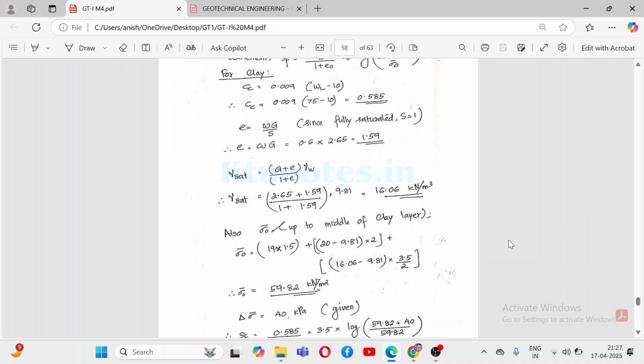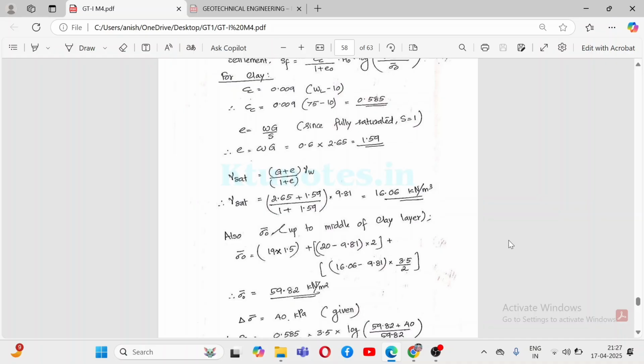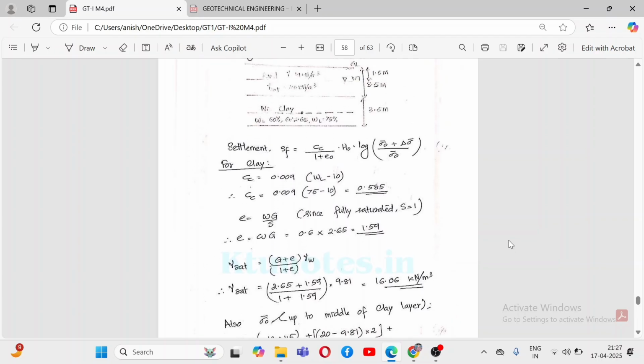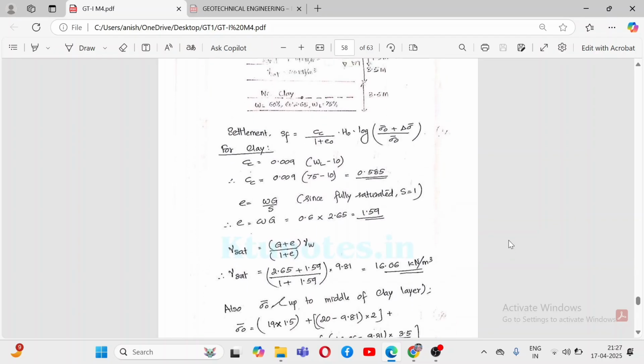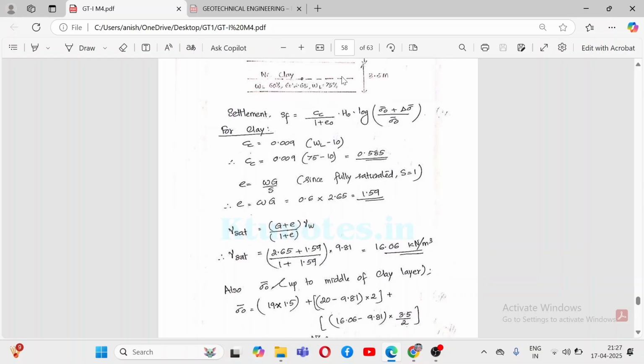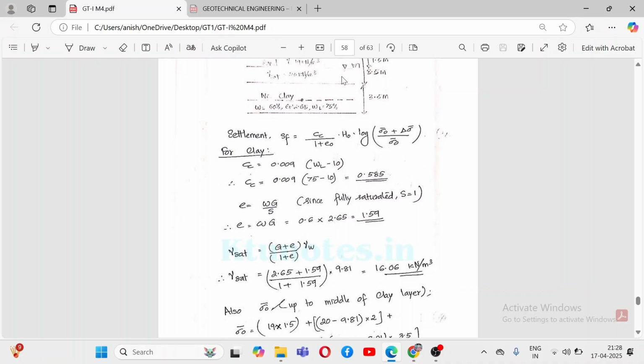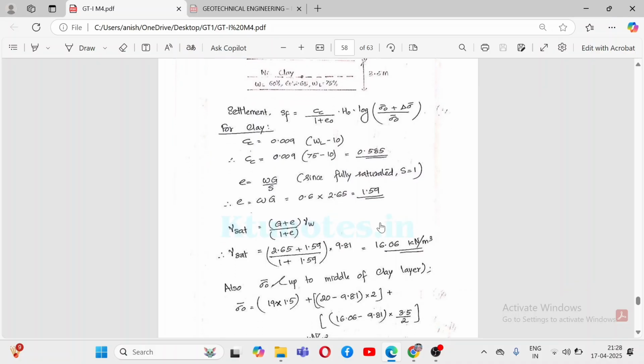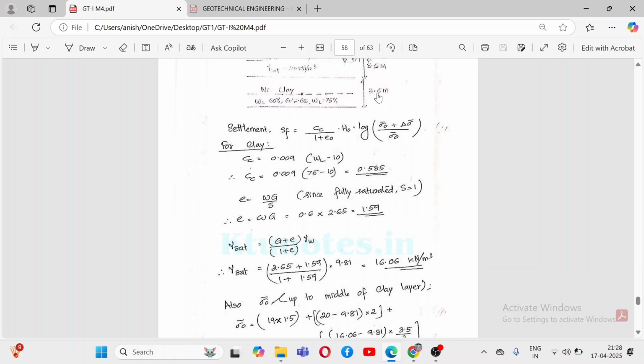Then it is said that initial stress is at the middle of the clay layer. So we go to the middle of the layer. Above the water table you take 19 into 1.5, plus 20 minus 9.81 into 2, then you add gamma sat minus 9.81 into 3.5 divided by 2.